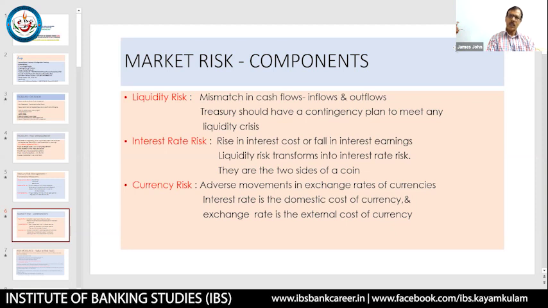That is called interest rate risk. Again, if interest rate risk is there, it will transform to liquidity risk, or liquidity risk transforms to interest rate risk, because they are the two sides of a coin. Suppose a bank is facing a liquidity risk. That means they are short of liquid cash. So what will they do? They will go to the market and borrow.